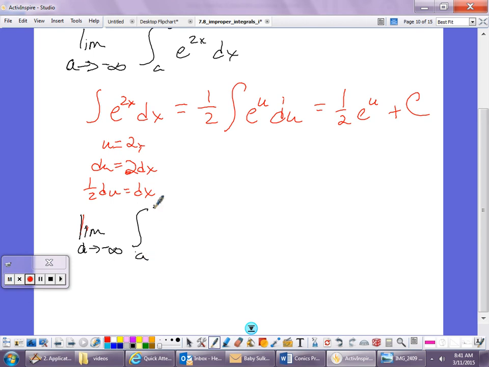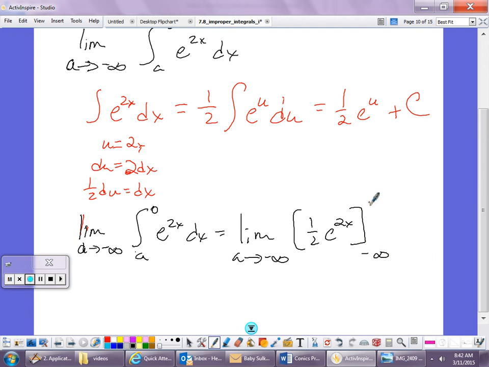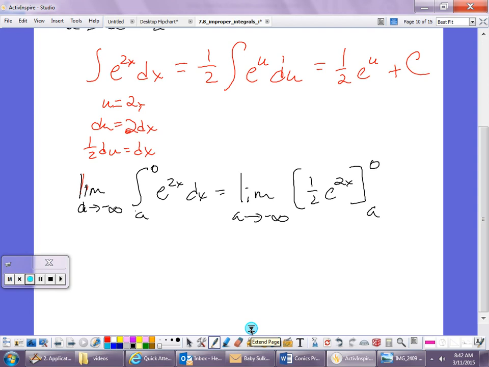From a to 0 of e to the 2x dx, and we say this equals the limit as a goes to negative infinity of 1/2 e to the 2x from a to 0. Now, we'll evaluate this just like we would any definite integral.